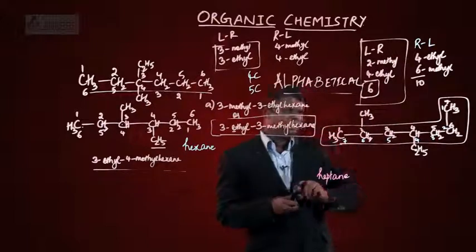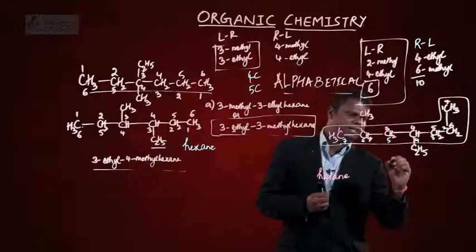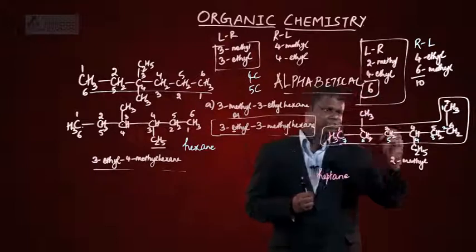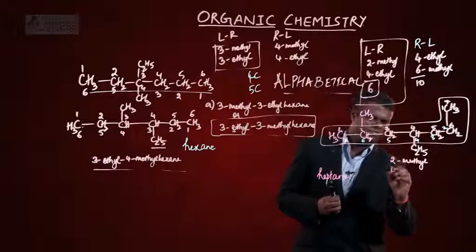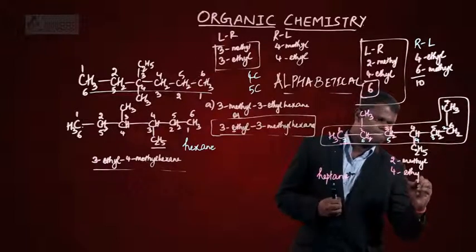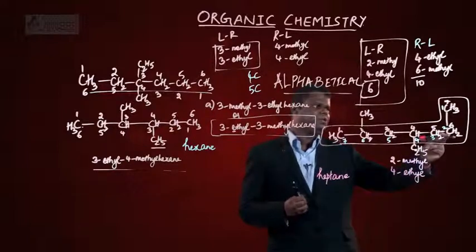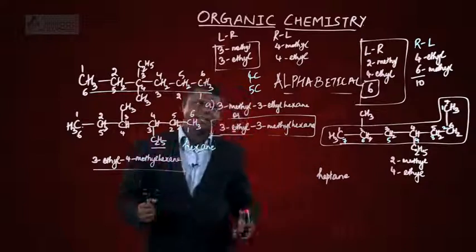So now in this case we have the substituents. Let's write them down separately. You have 2 methyl, and at position 3 do you have any substituent? No. At position 4, yes, it is 4 ethyl. And then at position 5 you don't have any substituent. At position 6, now this is a common mistake which a student can make.